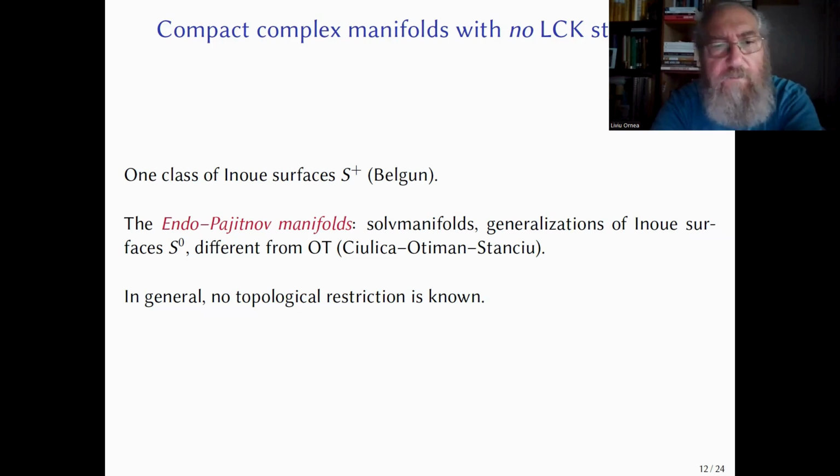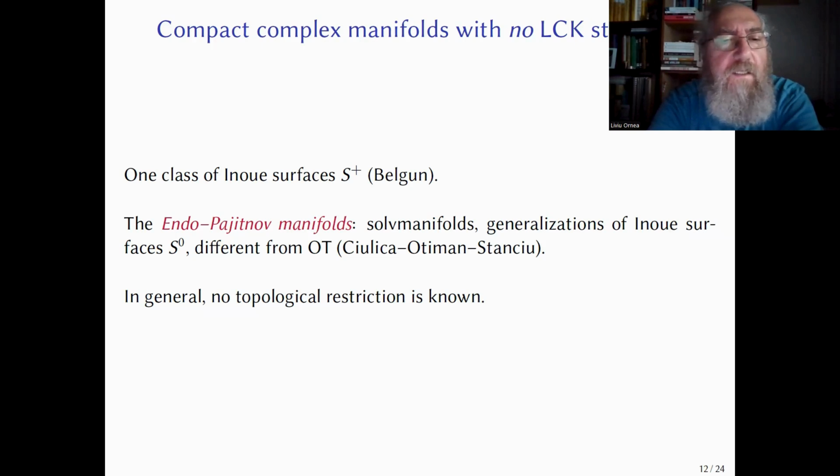Remember that they are solvmanifolds. So that's a trick which works there on these surfaces and on other solvmanifolds. And then he showed that invariant structures you cannot have, by a very clever computation.